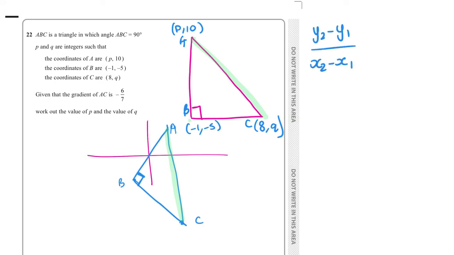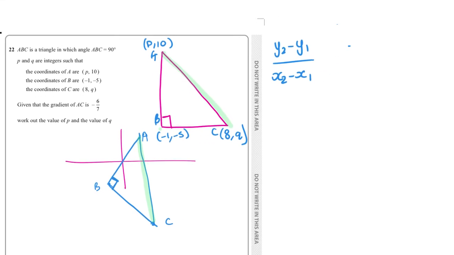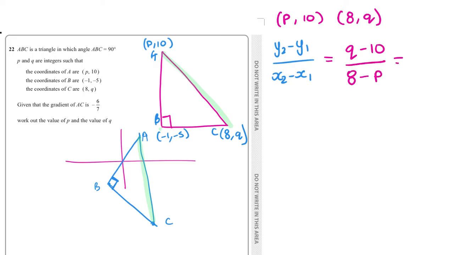So, if I know it's between A and C, so I have P, 10 and 8, Q, the gradient is Q minus 10 over 8 minus P. What does that equal? -6/7, right? Okay, this is my first clue.